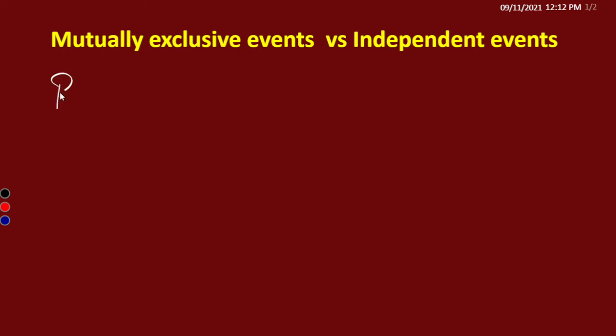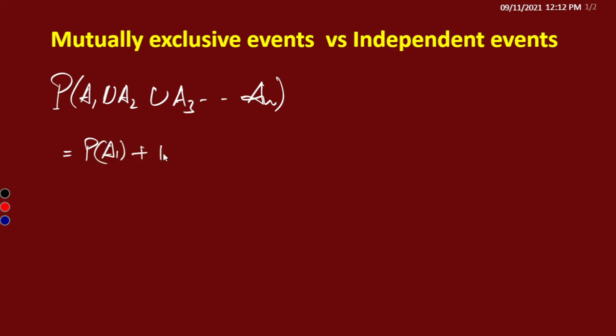We say in terms of probability in set theory, suppose there are n events A1 to An, probability of A1 union A2 union A3 up to An should be equal to probability of A1 plus probability of A2 and so on up to probability of An.